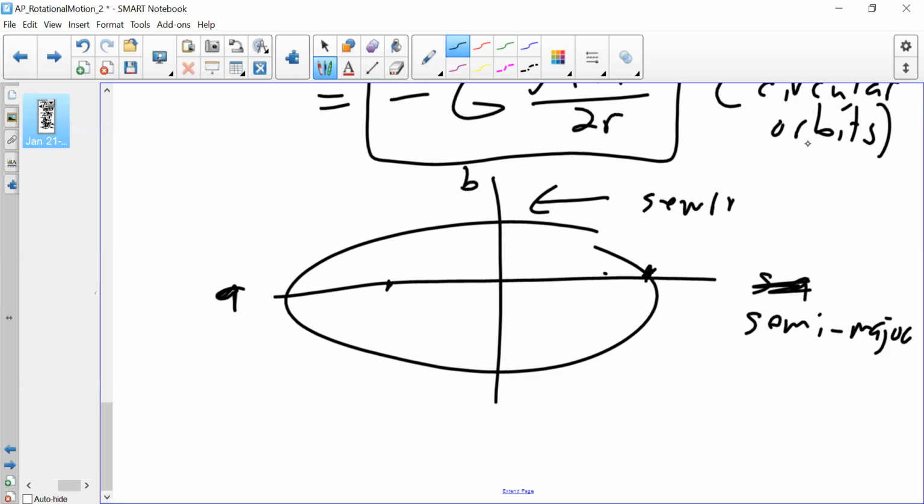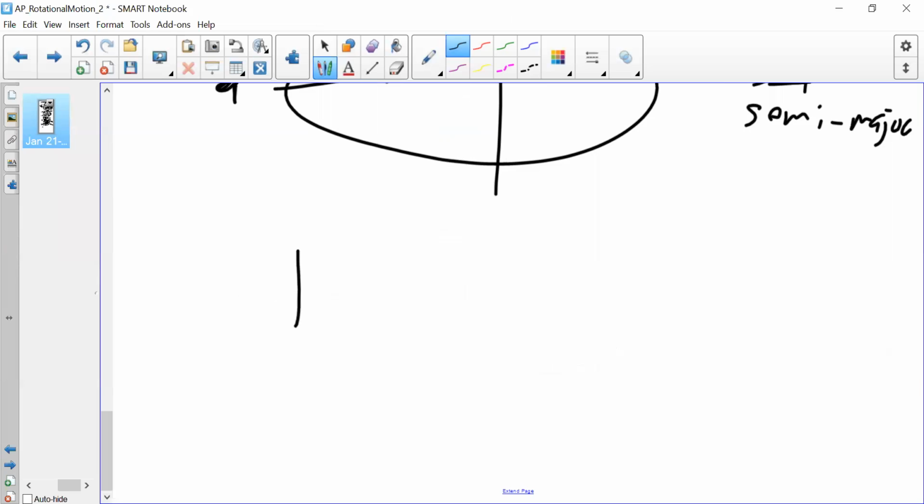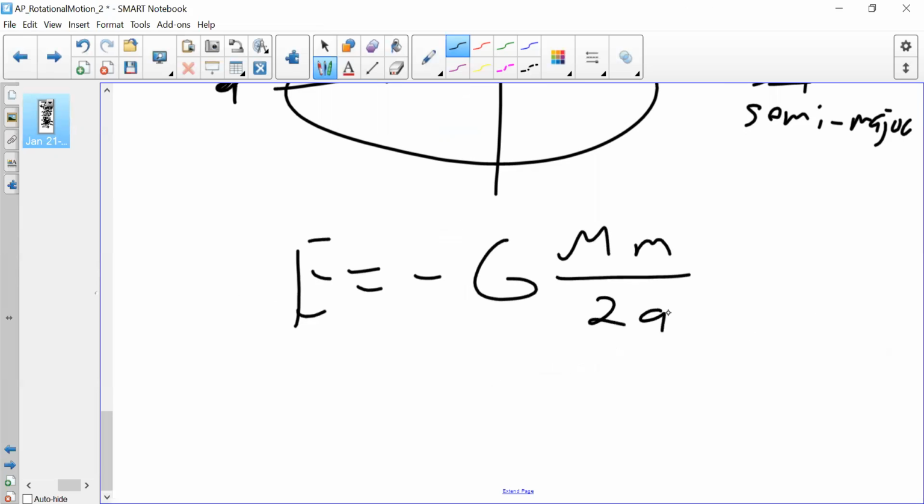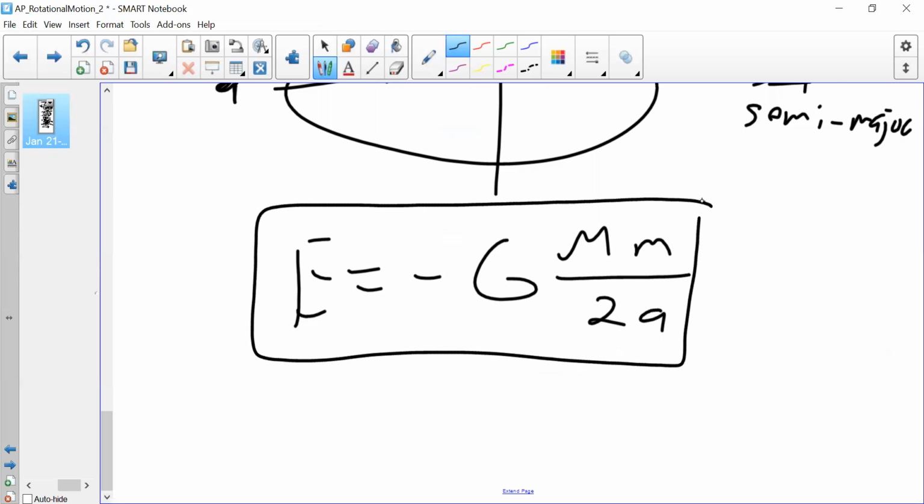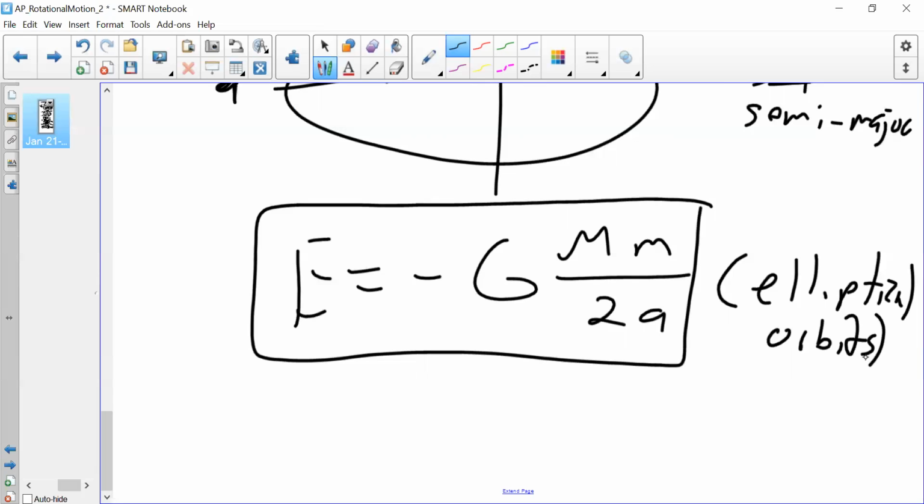So for an elliptical orbit, we're going to take the total energy to be negative G m M over 2A, where A takes the place of R. So this is for elliptical orbits. Okay, and that'll stop us for now.